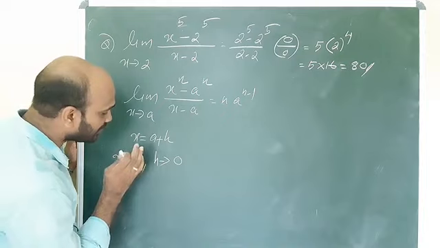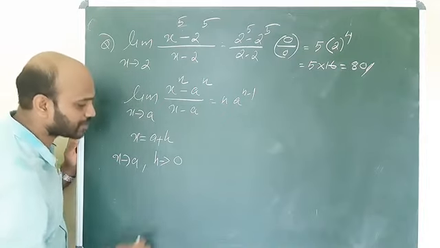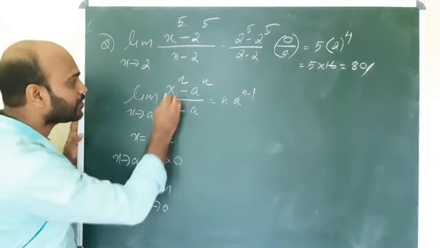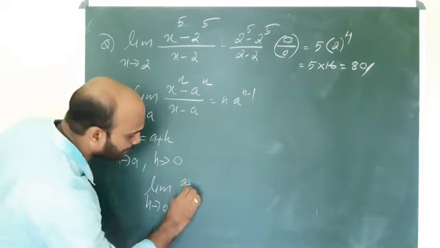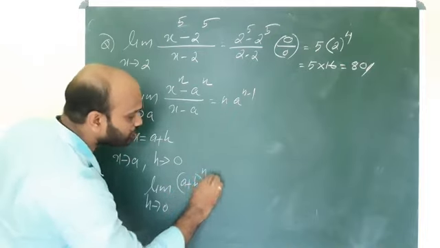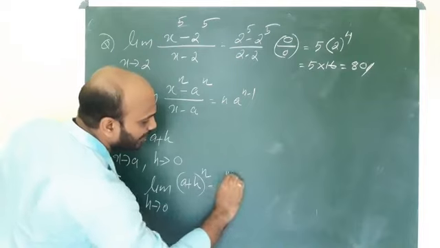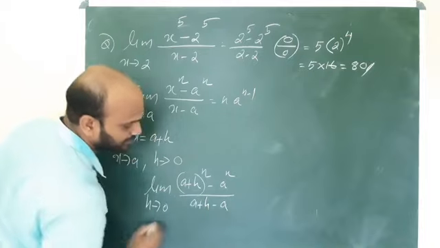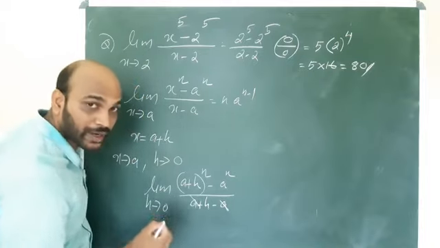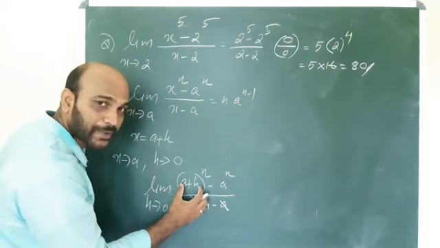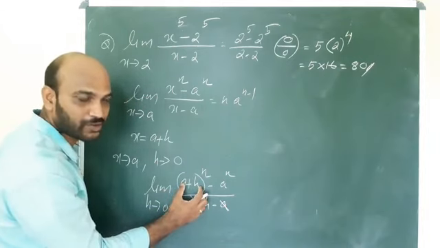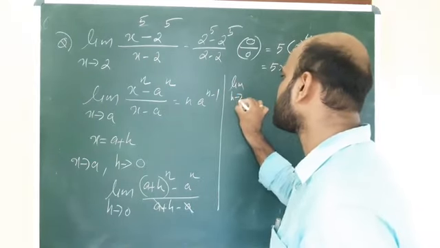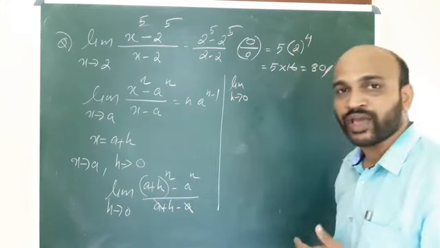So by using this substitution, we can change this function as limit h tends to 0 of ((a plus h) whole raised to n minus a raised to n) by (a plus h minus a). So you can cancel the a, and the denominator will be h. Now this one you can expand by using binomial expansion. So this will be limit h tends to 0, where (a plus b) whole raised to n you are to use.